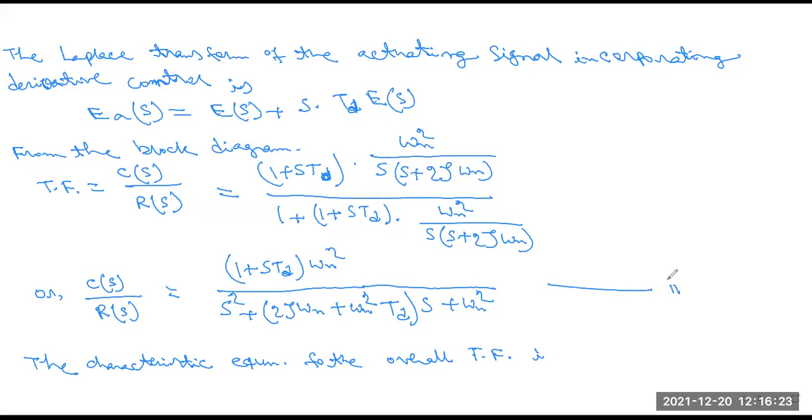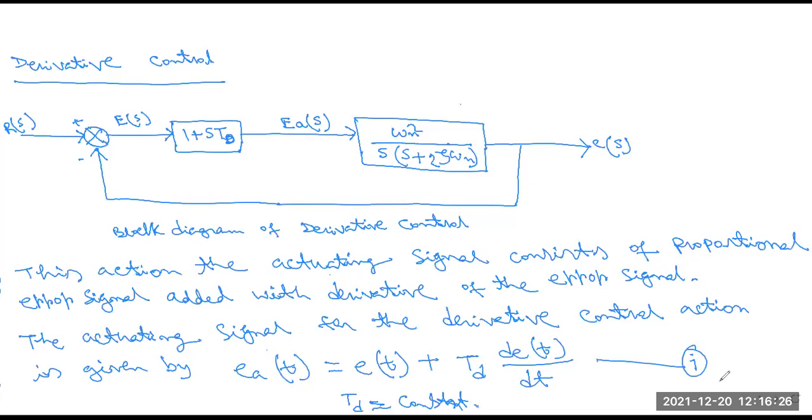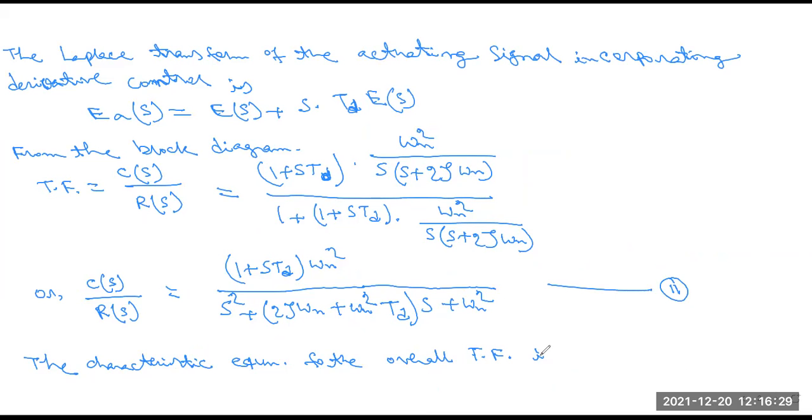This is number 2, the other one is number 1. So the characteristic equation is s squared plus (2 zeta omega_n plus omega_n squared T_d) into s plus omega_n squared, equal to 0. This is equation number 3.